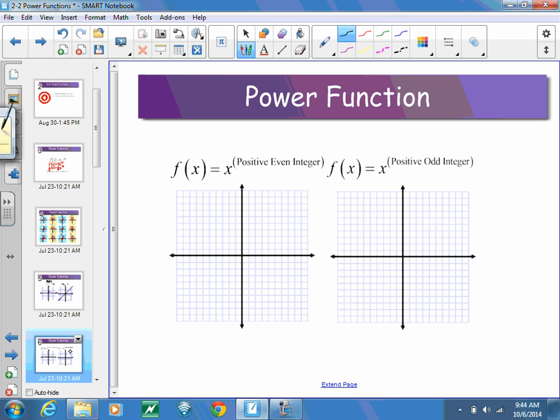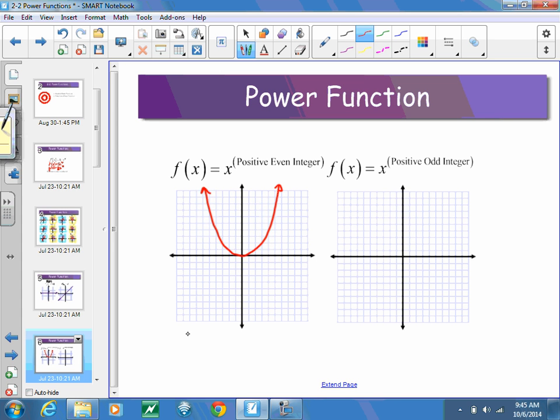Moving on to what happens when you have different exponents, and more so when you're looking at positive even integers for an exponent or a positive odd integer for an exponent. If you have a positive even integer, so x to the second, x to the fourth, x to the sixth, and so on, your graph is going to end up resembling this parabola that we've been working with for our quadratics.